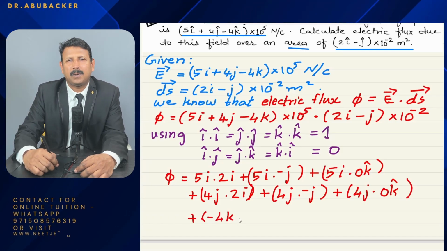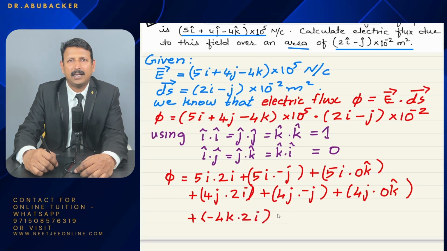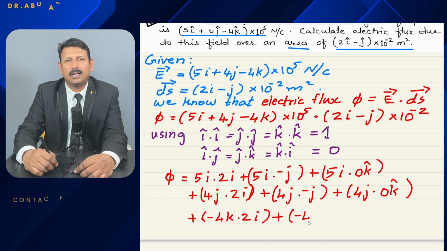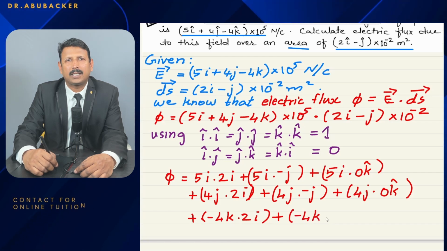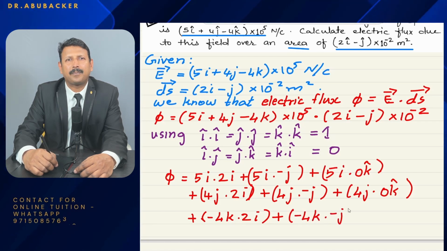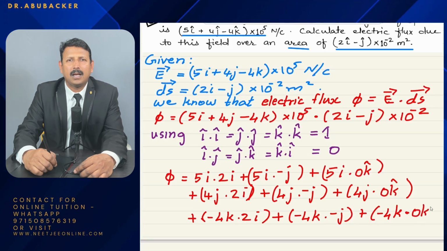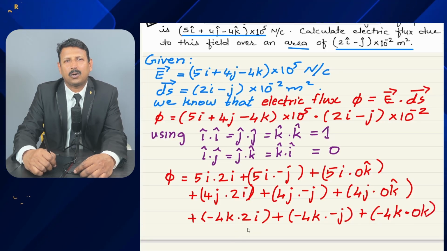That finishes the first part, the multiplication of the first term of E with the ds components. Next, the second component of E, plus 4j: 4j dot 2i, plus 4j dot minus j, plus 4j dot 0k.